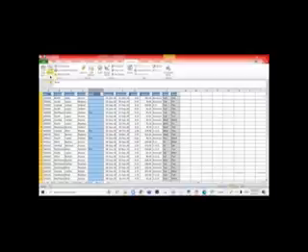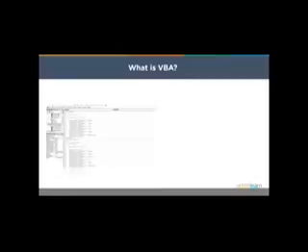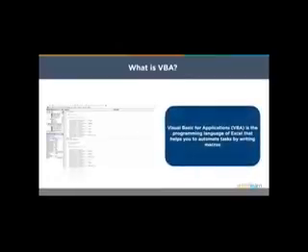What is VBA? Visual Basic for Applications. It is basically a programming language that is used for macros in Excel. It helps you automate tasks by writing macros.